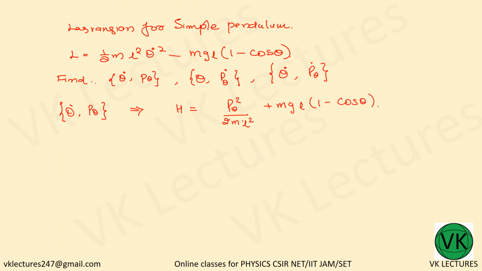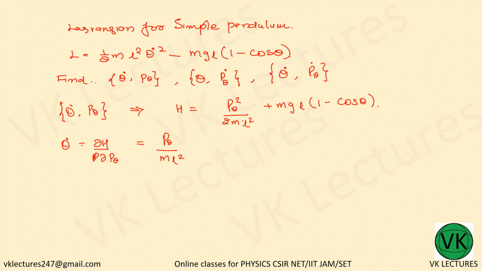So this is how we can write the Hamiltonian. Now theta dot is equal to dou H by dou p theta. That gives you p theta by ml squared, since the 2 gets cancelled, which is nothing but theta dot.